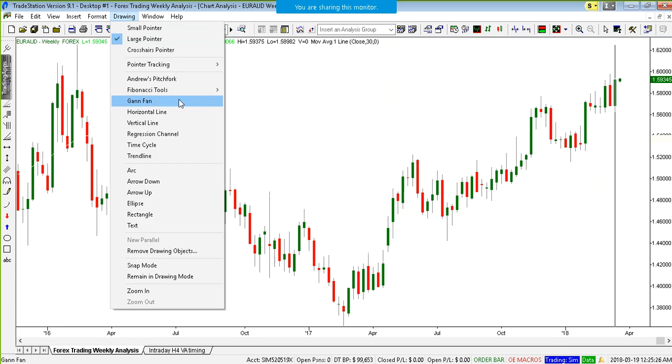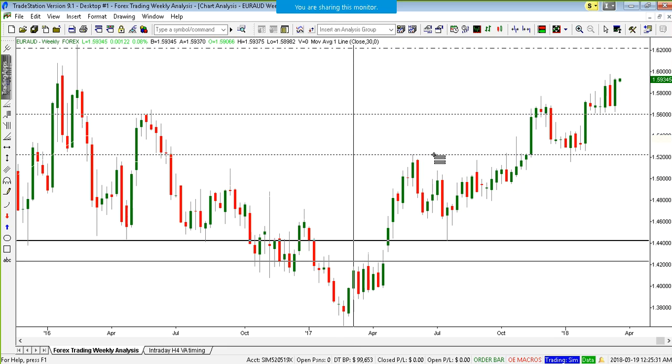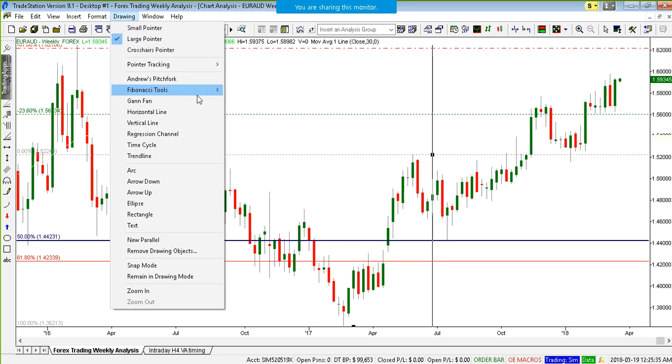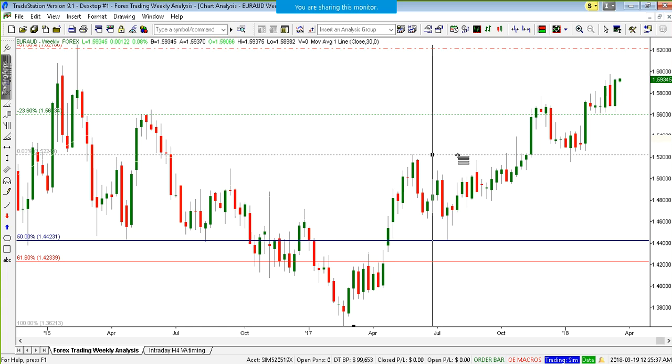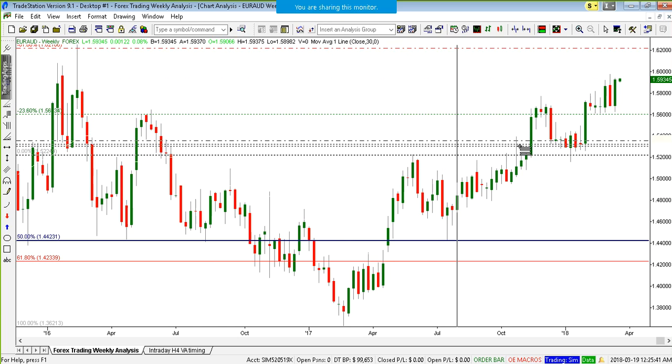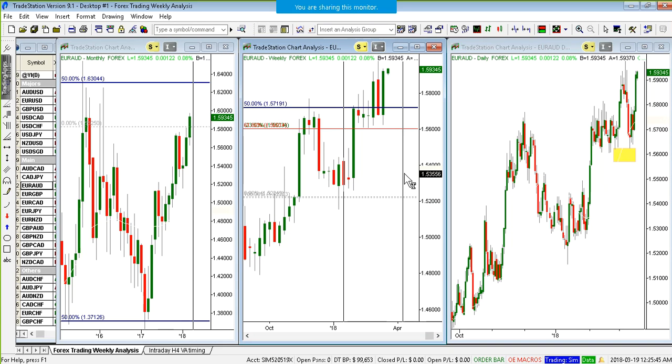Okay, so the inner measure move here, it's a 50%. The first target has been hit. The second target is likely to be hit if we get additional weakness here, and after that we can trace the extension highs to new highs.